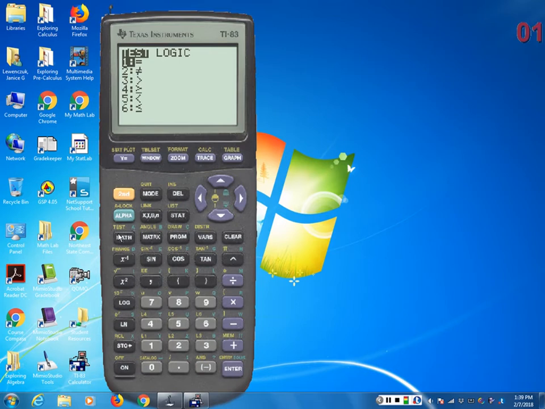So what do you do? So you're checking the domain. You can go into Y and then go second test. If you want to check x divided by parentheses x squared minus 16, you put it there.